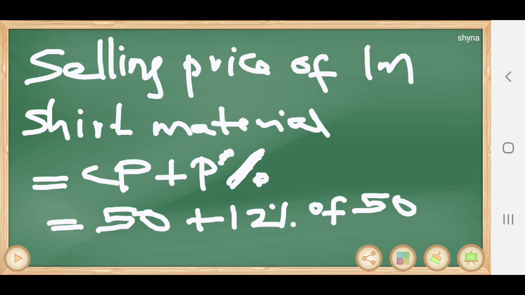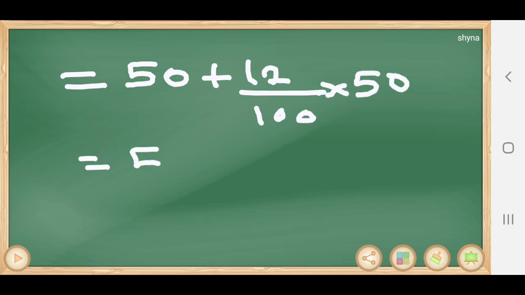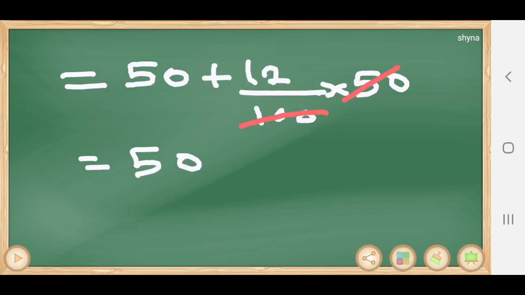He has to get a profit, that is cost price plus 12% of that cost price. Then what is 50 plus 12% of 50? Equal to 50 plus 12% means 12 by 100 into 50. We can cancel 50 and 100 by 2. Plus 12 by 2.